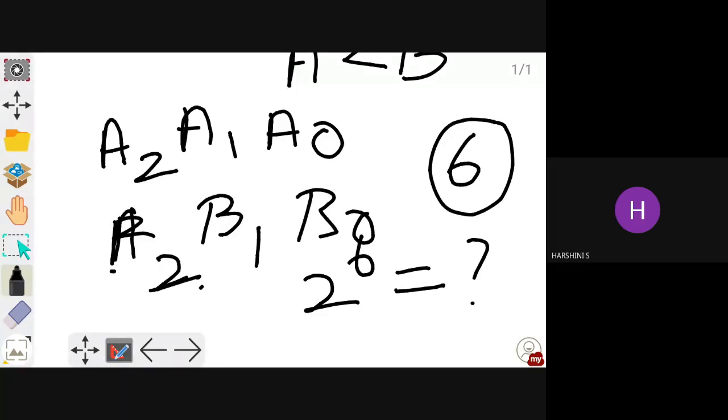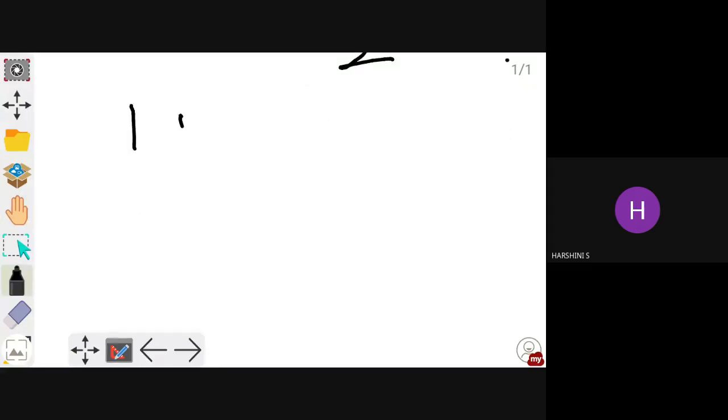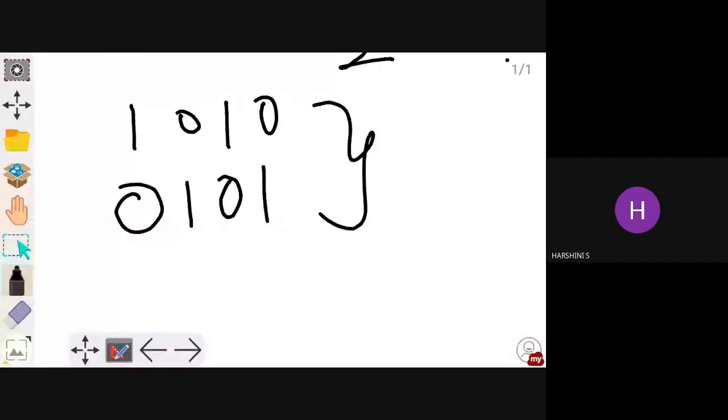Take for example your first number is 1010 and second number is 0101. If you compare these two numbers manually, how will you compare?